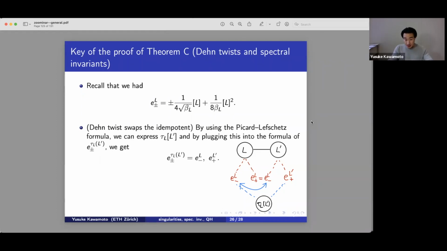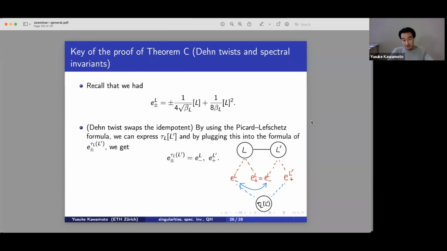I drew a small figure over there. First you have two Lagrangian spheres L and L prime forming an A_2 configuration. So you have two idempotents from each one of them. By the idempotent sharing property, one of them has to be shared.